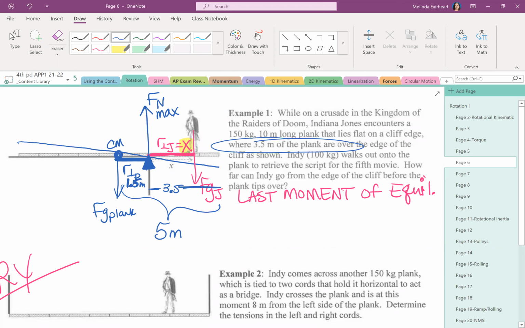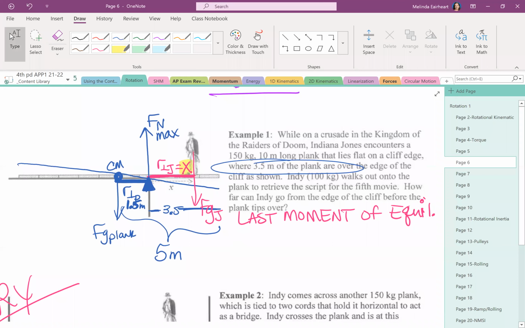Okay, so the big concept here was about normal force maximizing, the fulcrum's strategic location at that edge of the cliff. The math isn't going to be hard. All right, let's talk wraparound. Who's going to torque what direction? Okay, well, first of all, that normal force maximum is going to have how much torque? Normal force max passes through the hinge, so it'll have 0 torque.